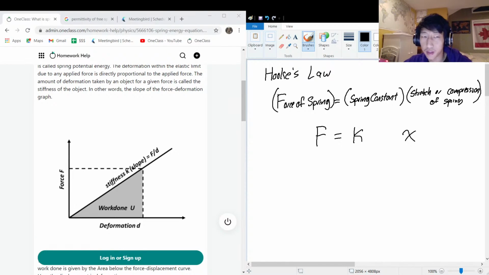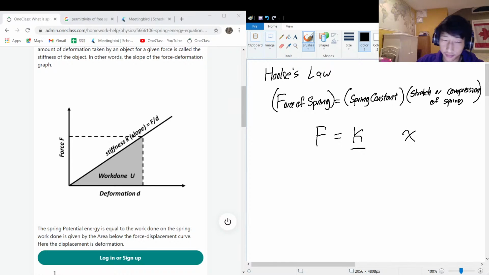It shows us that the more we deform the spring, the more we stretch it out or compress it, the more force we're going to need. It's a linear relationship, with the coefficient of k. Now this is only true within the elastic limit of the spring, but we don't need to worry about the elastic limit. We're going to assume that we are obeying Hooke's law.